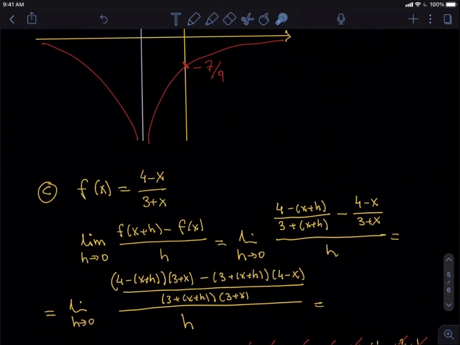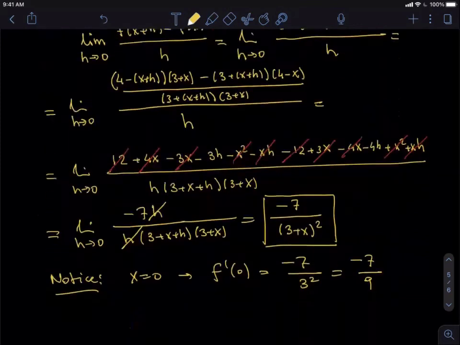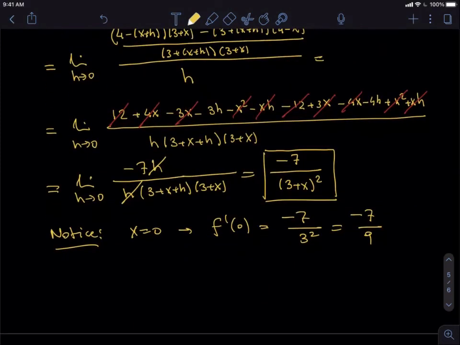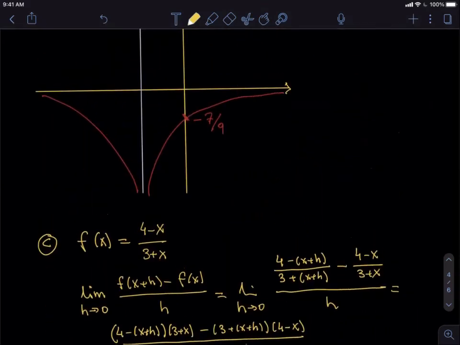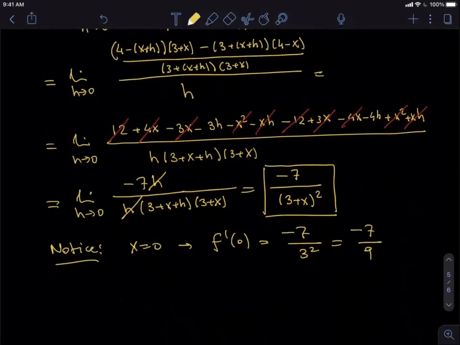And actually, this makes all the sense because we have a negative function, negative 7 divided by a square, that's negative. Okay, so clearly what we got was a negative function, and it has a vertical asymptote at x equals negative 3 because the denominator becomes 0 for that value of x.